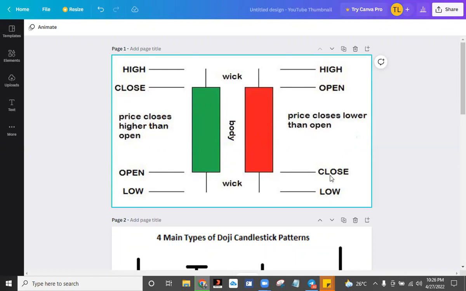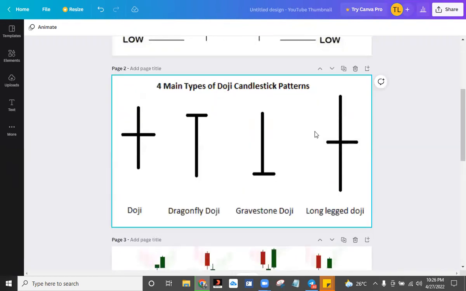Now, there are four main types of doji candlestick. We are still looking at single candlestick patterns. What is a doji? A doji candlestick is known as a rejection or an indecision candlestick.